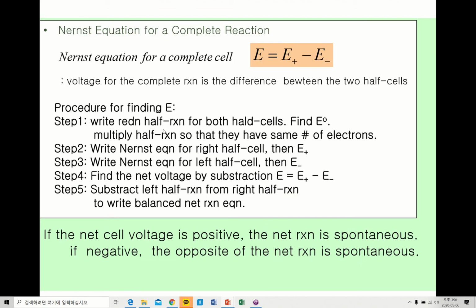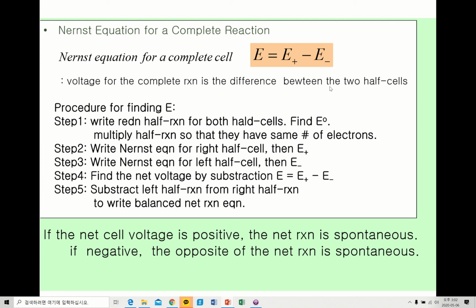From now on, we are going to use the Nernst equation to calculate the cell potential. The Nernst equation for the complete cell. We learned how to write the Nernst equation for a half reaction, but the complete cell consists of anode and cathode.